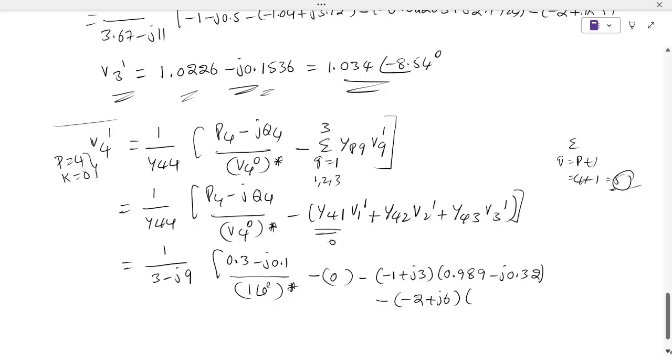Now that is 1 minus 0.225 minus j0.1535.